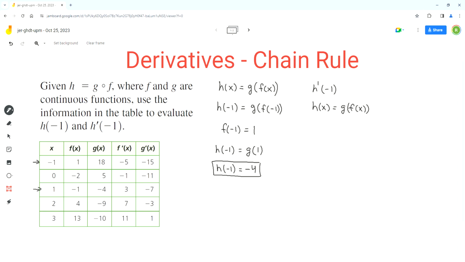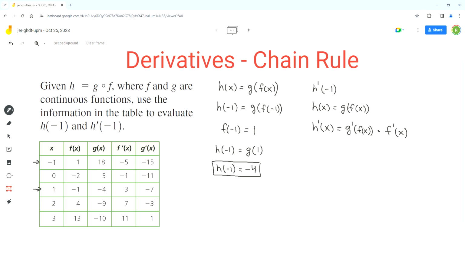Now we have to find the derivative of this function. So for this we have to use the chain rule. So h prime at x is equal to the derivative of the outer function, which is the g function, so g prime at f at x, times f prime at x, the inner function.